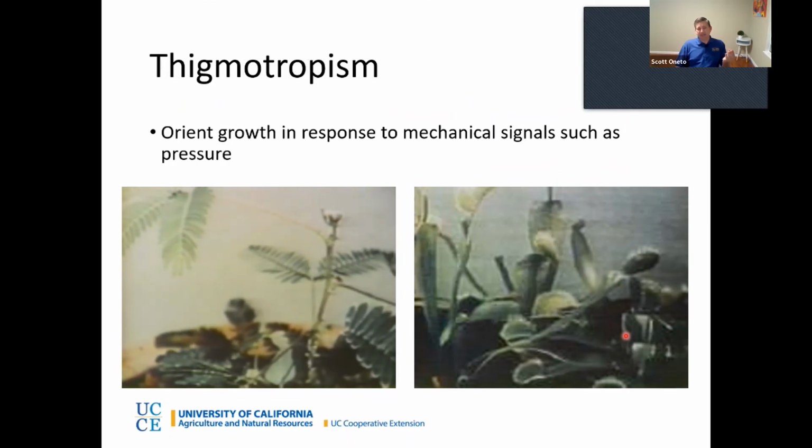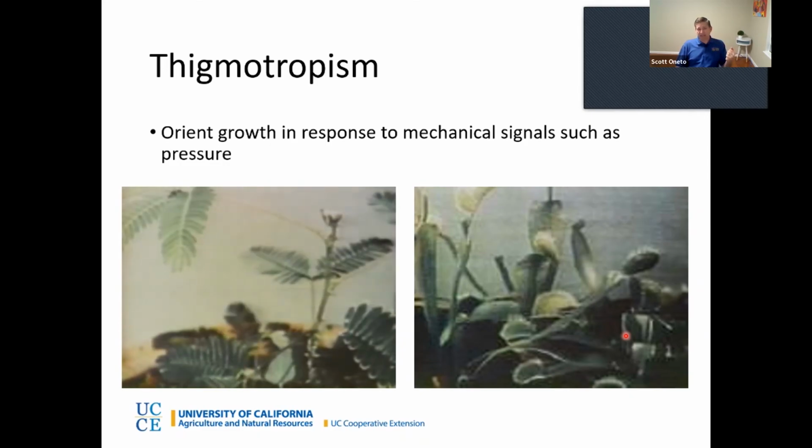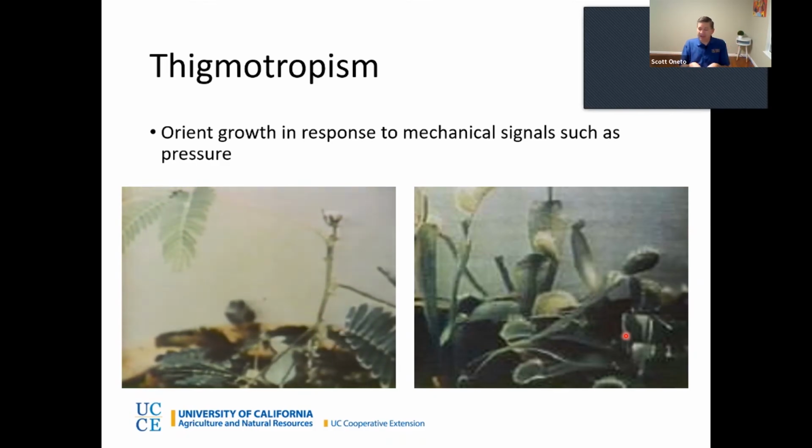When this plant has some sort of touch, when you touch the leaf, or if a strong breeze or wind hits the plant, it causes this immediate change in the turgor pressure of the plant, causing the leaf to completely collapse.